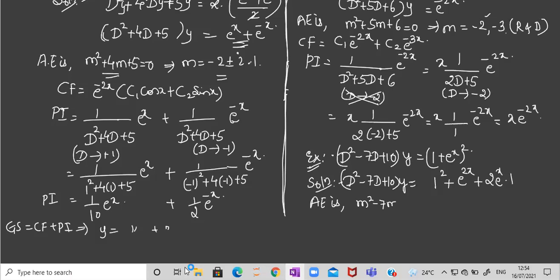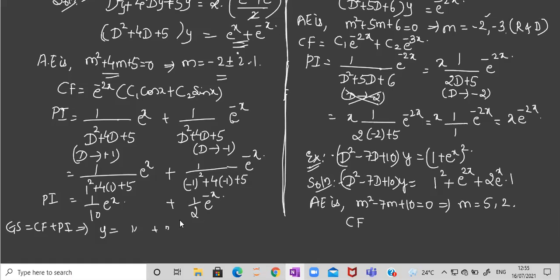The auxiliary equation is m square minus 7m plus 10 equal to 0. What are the roots? 5 and 2. Plus 5 and plus 2.